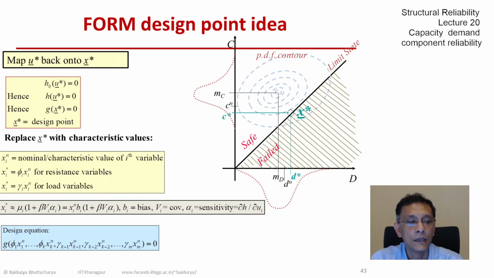These factors, later on we are going to call them partial safety factors, load and resistance factors, but that we will come back to towards the end of the course. This was just a preview.